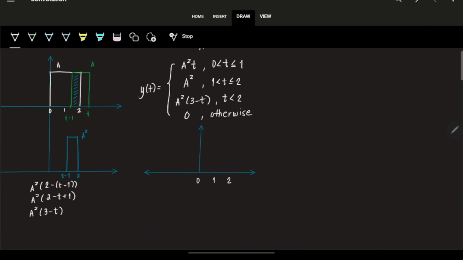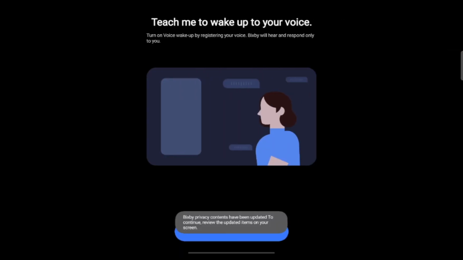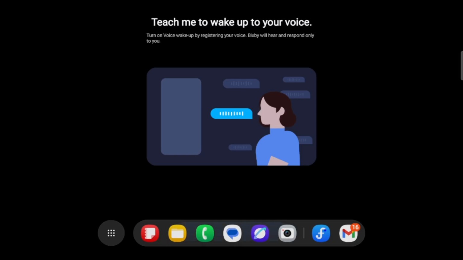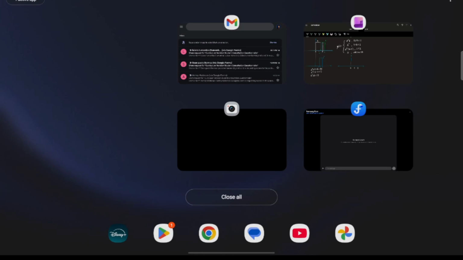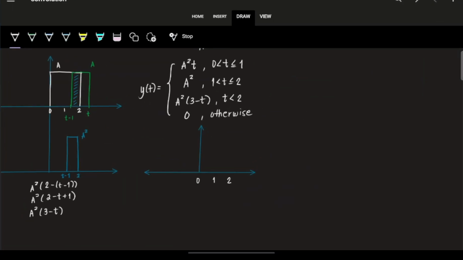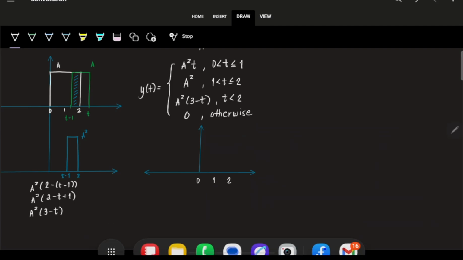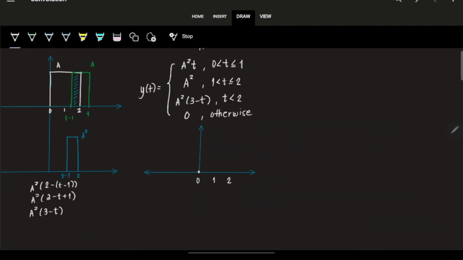Between 0 and 1, our value is a squared t, meaning nakascale yung signal natin. So we start with 0, of course, di ba? Then when t is equal to 1, we have a squared.